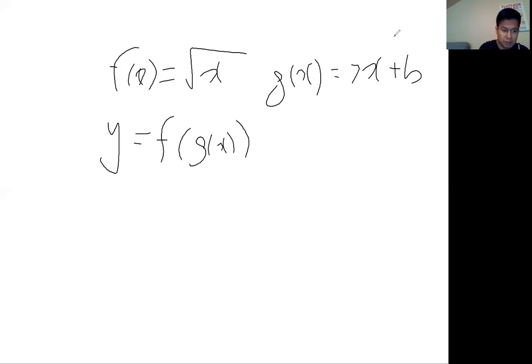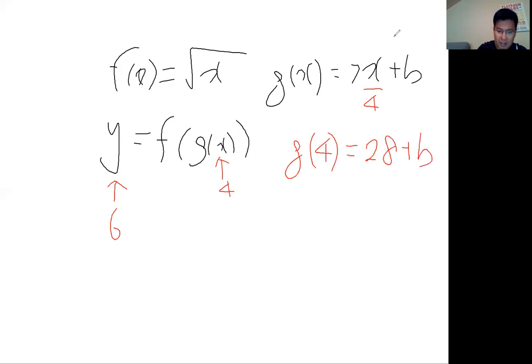So we can put 6 here, and we can put 4 here. g of 4 is something we can get first. If you put 4 here, it's going to be 28 plus b.